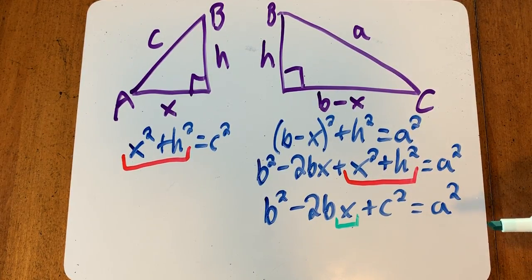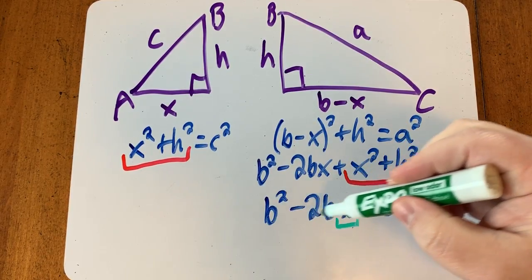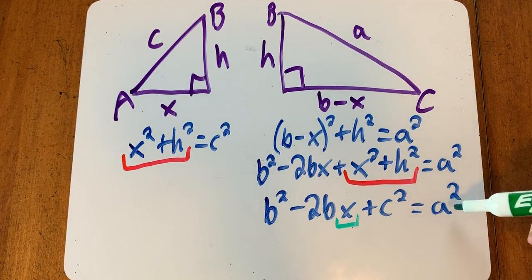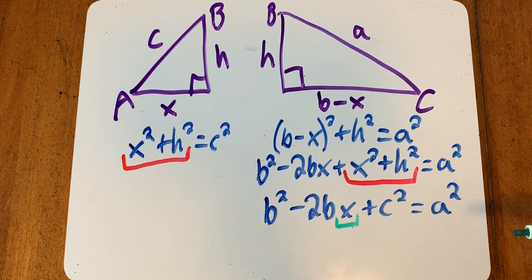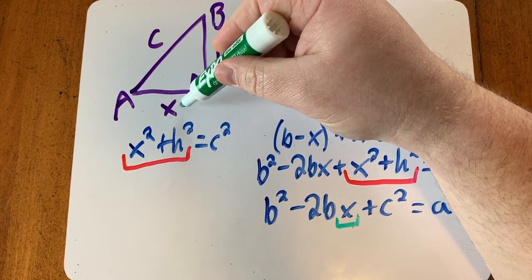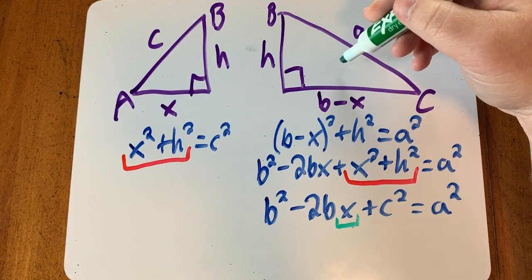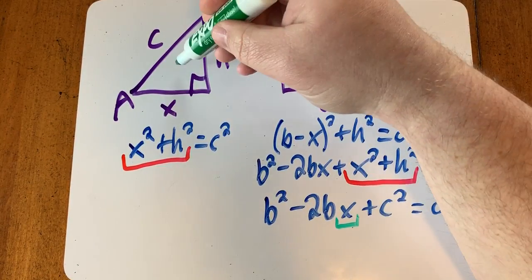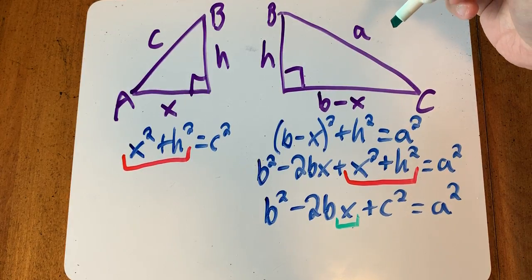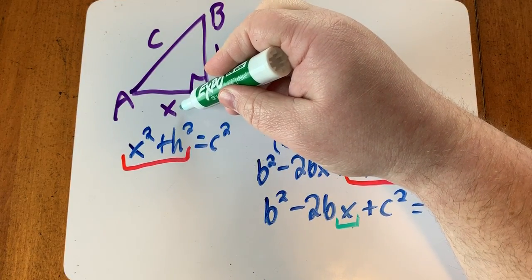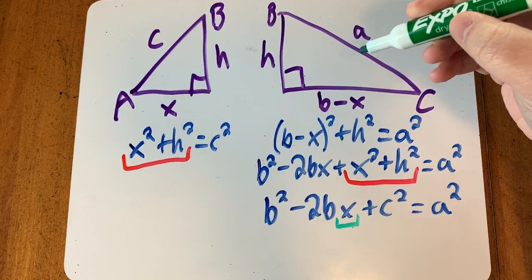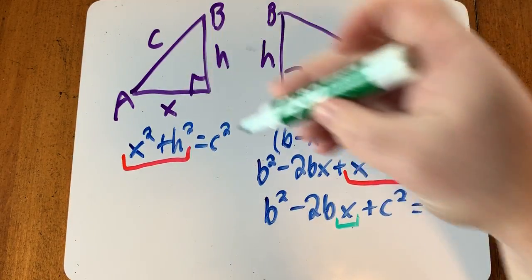We don't want that x to be there because b, c, and a are all part of our original triangle. But if we look at the triangle where x is part of the triangle, we're going to have to look at this triangle. That x is adjacent to angle A, and c is the hypotenuse.